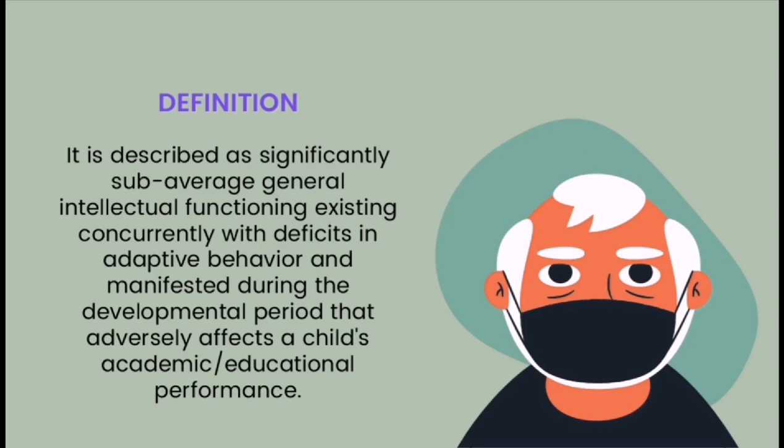According to it, it is described as significantly sub-average general intellectual function existing concurrently with deficits in adaptive behavior and manifested during the developmental period that adversely affects a child's academic or educational performance.